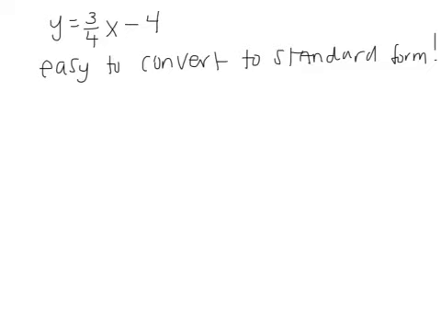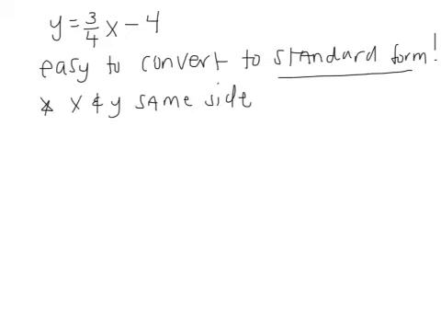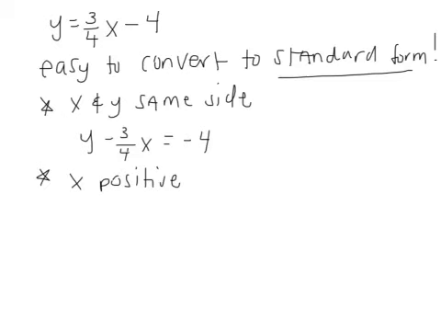So now we have the equation y equals 3/4 x minus 4. It is easy for us to convert this line in slope-intercept form to our standard form if we follow the 3 rules. First, we want to get x and y on the same side of the equation. We can do this by subtracting the x with its coefficient from both sides of the equation. Our second rule is we want a positive value for x and its coefficient.